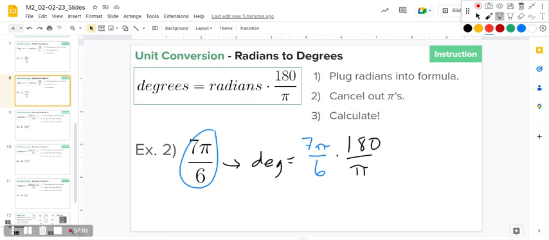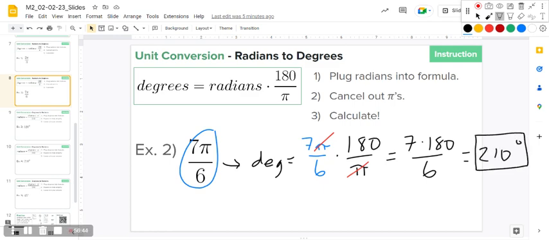In this case, we can cancel out the pi's again, and we'll get 7 times 180 divided by 6. And if you don't want to rewrite that step, that's totally fine. So 7 times 180 divided by 6, I plug into my calculator, and we're going to get 210 degrees for our answer.